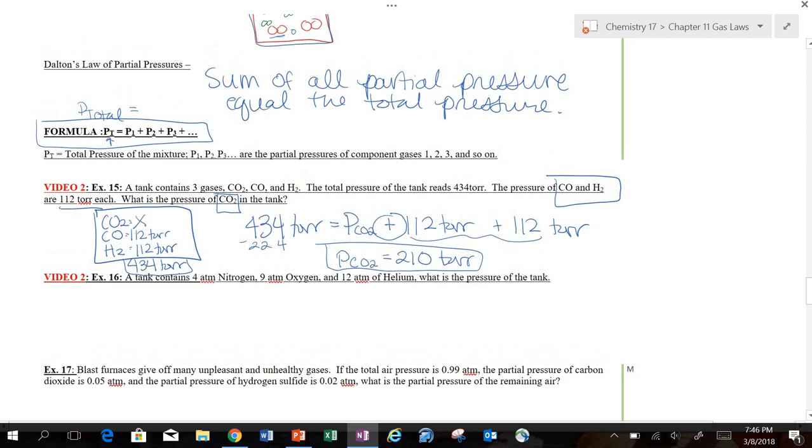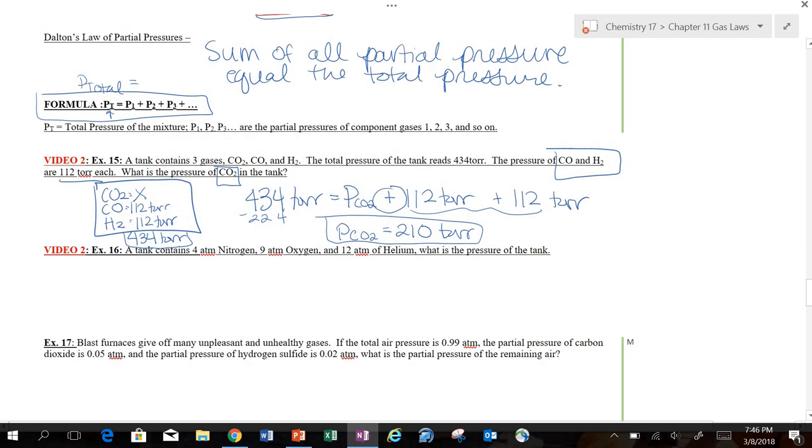All right, we're going to try one more together. This one tells us we have a tank that contains 4 atm of nitrogen, 9 atm of oxygen, and 12 atm of helium, and it's asking what is the pressure of the tank.